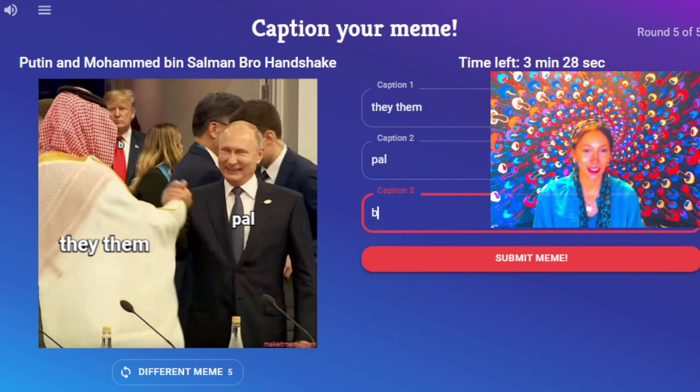He's leaning against the wall. He's not leaning against the wall. It almost looks like he's leaning on the wall. Babble.